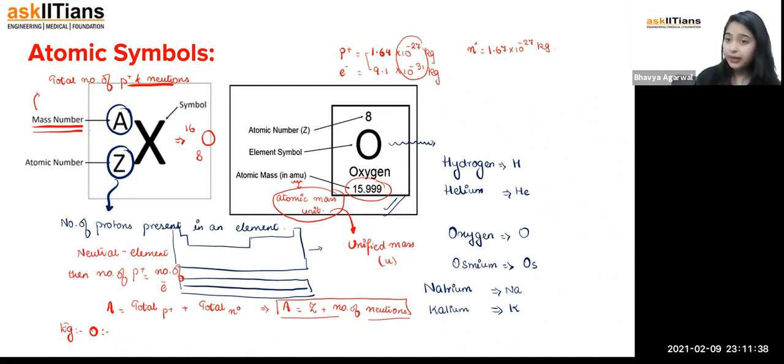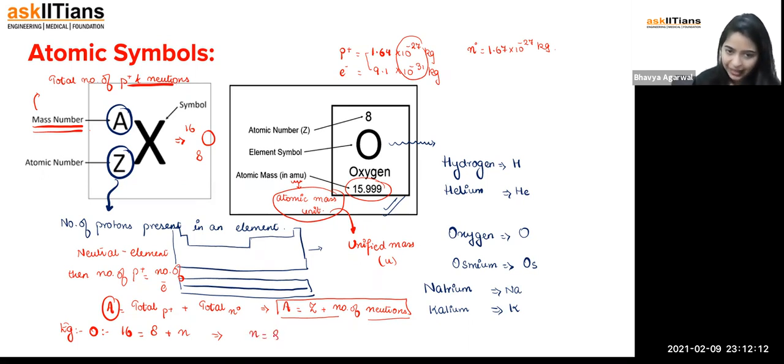And how much is the total mass? The total mass is 16. So for oxygen, the value of A is 16 and the total protons is 8 because of the atomic number. If I solve this equation, what is the value of N that we are getting? Quickly tell me. Right. The answer would be 8.